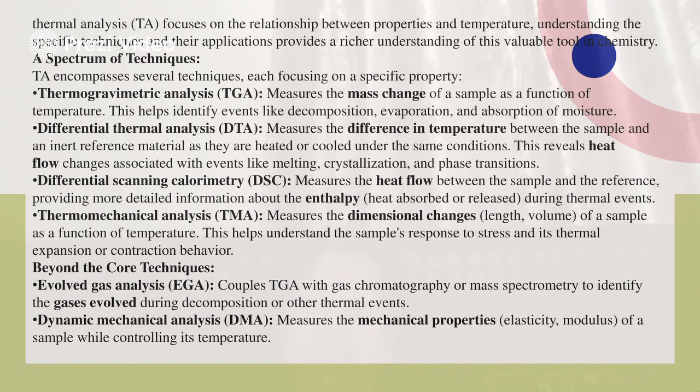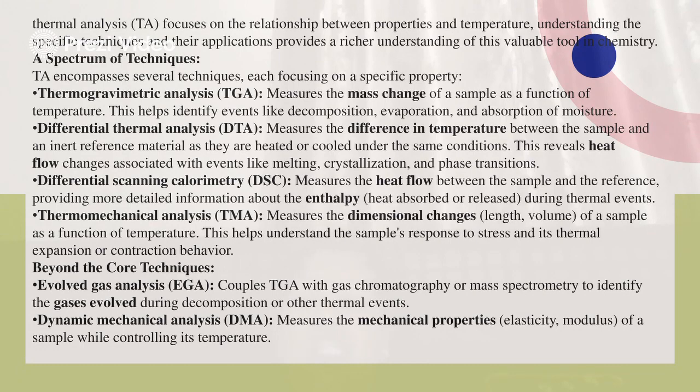Next one is thermomechanical analysis (TMA), which measures dimensional changes like the length or volume of a sample as a function of temperature. With the help of this technique, we can find out the stress and its thermal expansion or contraction behavior.